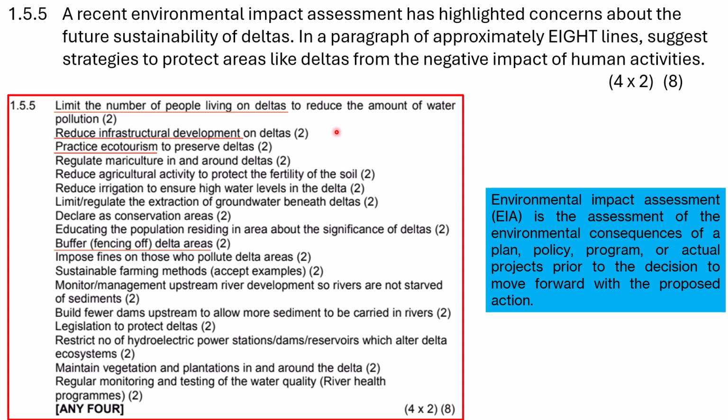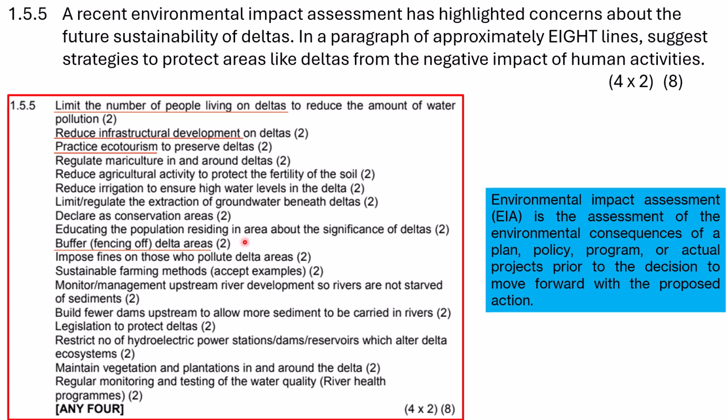So one strategy would be to limit the number of people living on these deltas, to reduce the infrastructure and infrastructural development on deltas. If tourism can create a positive impact to an area, then the emphasis around this delta should be on ecotourism, where equal importance is given to the benefits of tourism as well as conserving the natural environment.